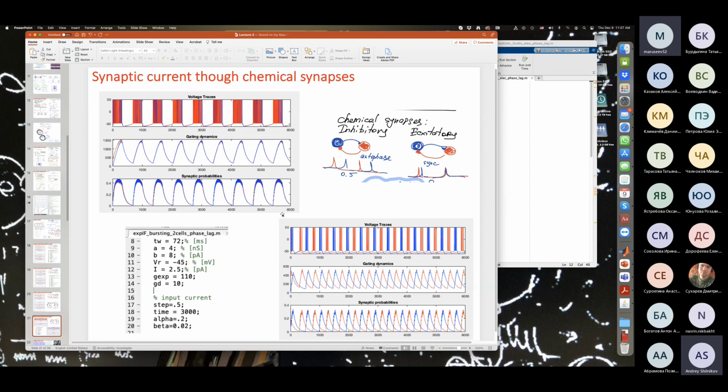All right, there's another file in the Dropbox. It's called integrating fire exponential and bursting 2 cells.